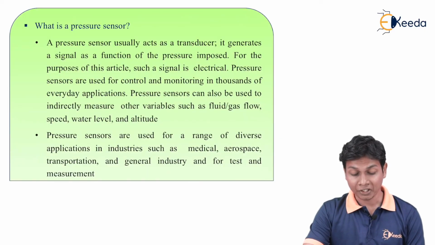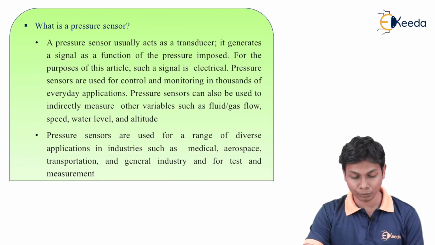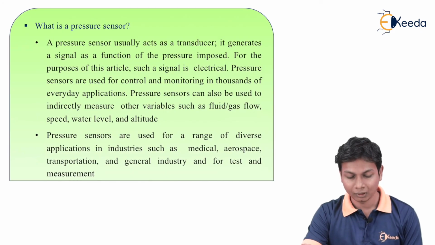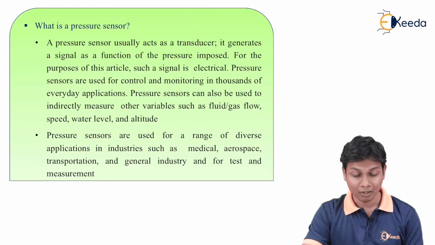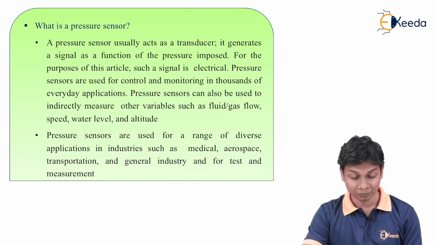A pressure sensor can also be used to indirectly measure other variables such as fluid, gas, speed, water level, and altitude.